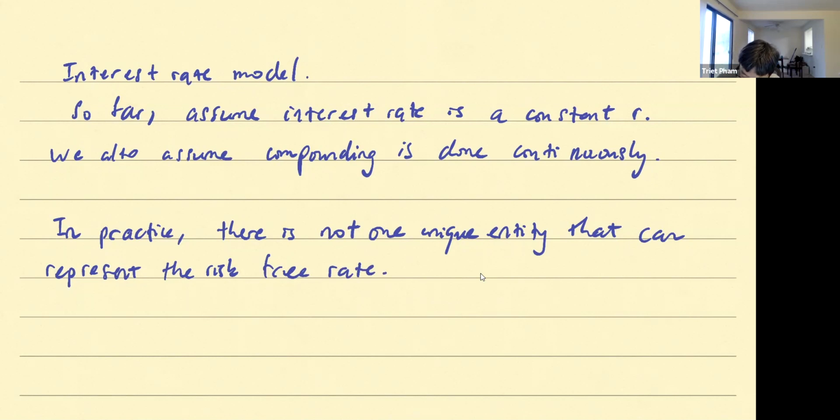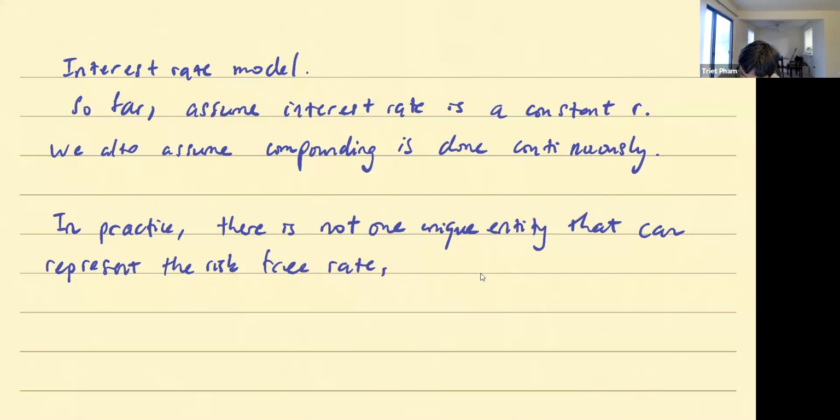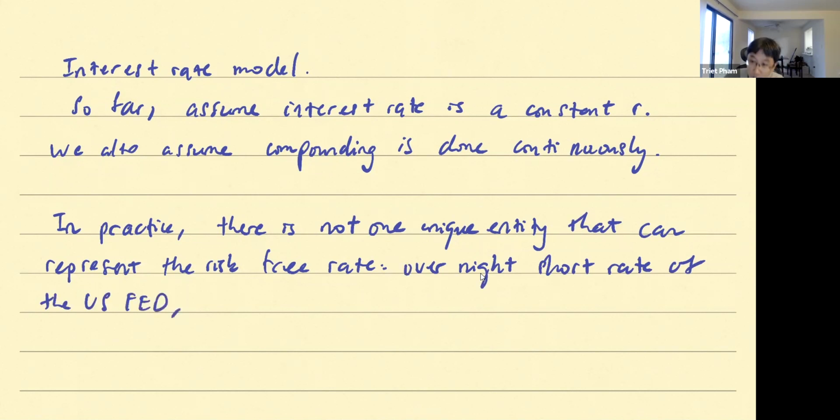For example, the overnight short rate of the US Fed is one of them. But recently, other quantities can also be considered, such as the LIBOR rate and the LIBOR swap rate.